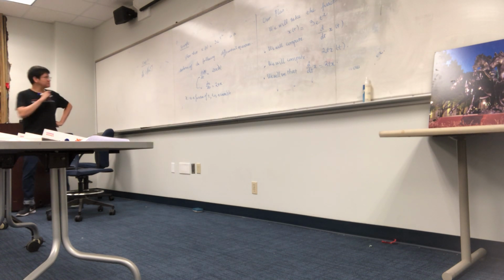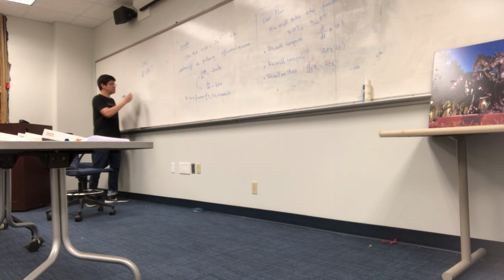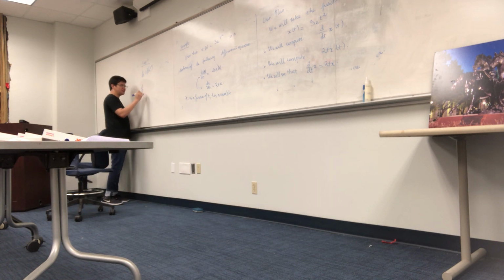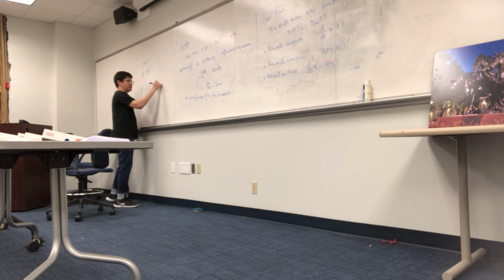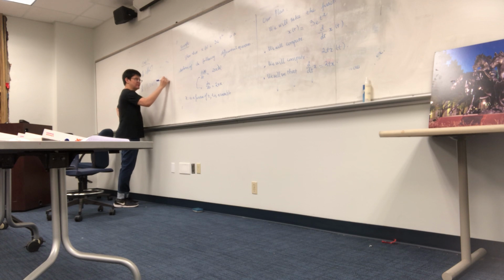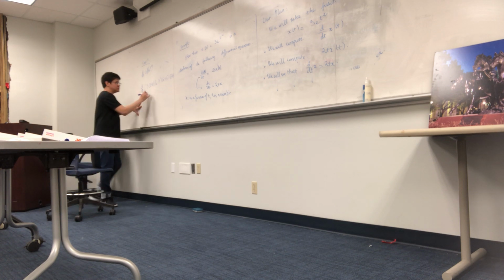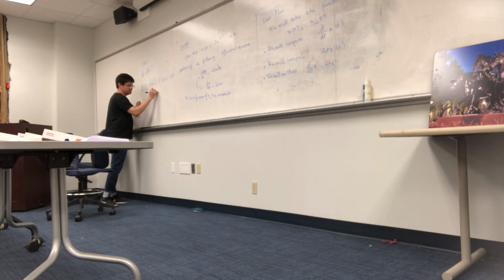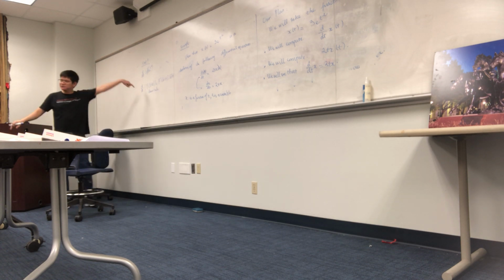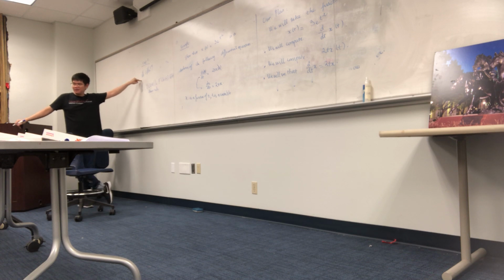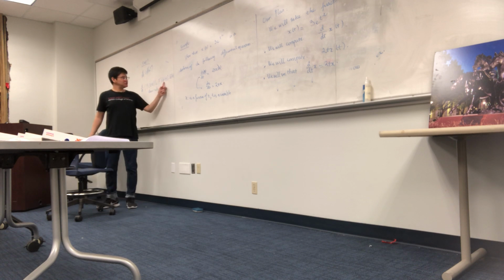So I'm going to use the chain rule: the derivative of f of g(t) will be f prime of g(t) times g prime of t. So this is basically the chain rule. You compute f prime of g(t) times g prime of t.